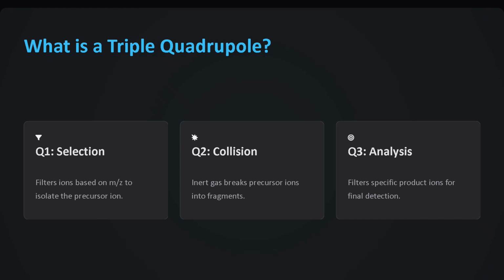Here, the selected ions collide with an inert gas such as nitrogen or argon, which causes the ions to fragment into smaller product ions. Finally, the third quadrupole, Q3, filters these fragment ions and allows only specific product ions to reach the detector. This sequential filtering process greatly enhances specificity and sensitivity, which makes triple quadrupole instruments ideal for quantitative analysis.